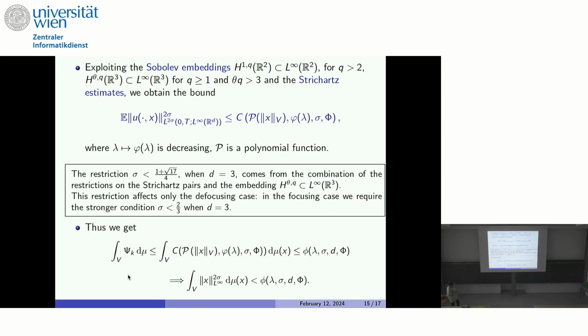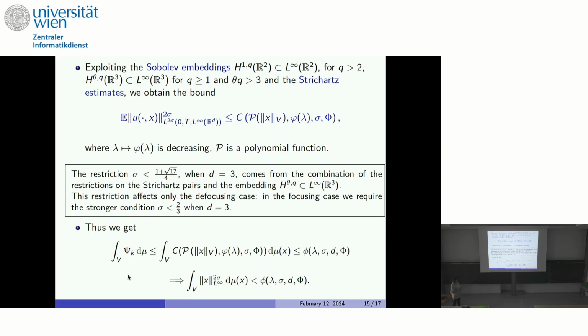So now I have to integrate this factor with respect to the invariant measure, but now I know that this is finite because I proved before that I have finite moments when I consider the V norm. Okay, so in this way I'm able to prove this estimate, which was the crucial estimate in order to get the uniqueness of the invariant measure.